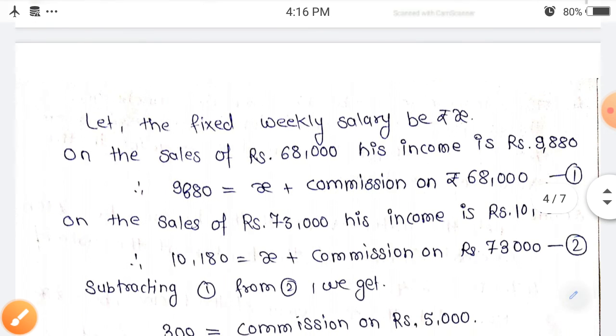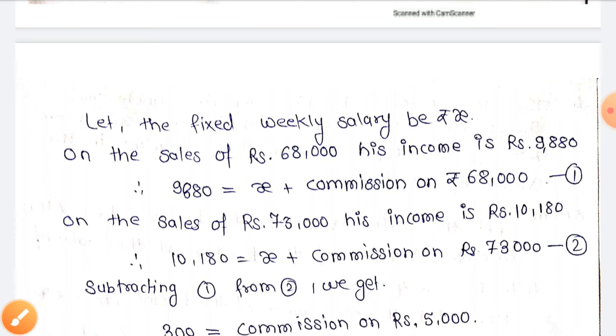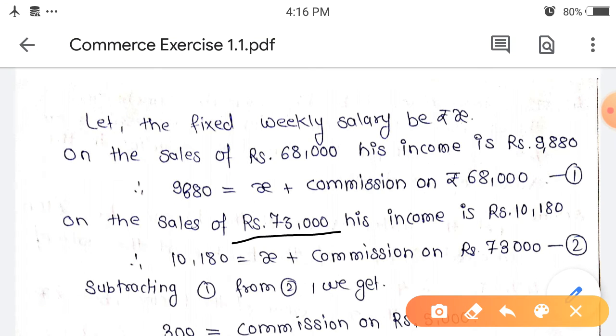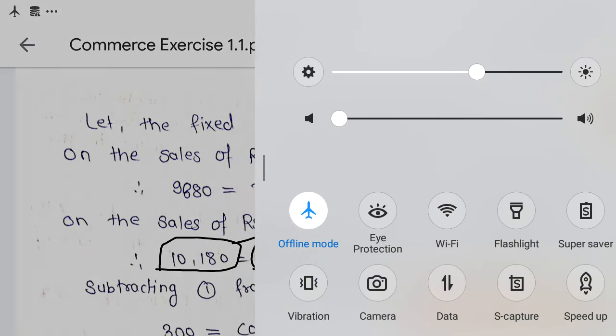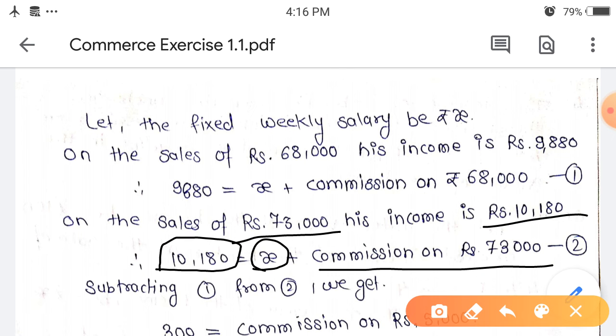So this is equation number 1. On the sales of 73,000, his income is 10,180. That means this 10,180 total value is including its fixed salary and commission. Okay, so this is equation number 2.